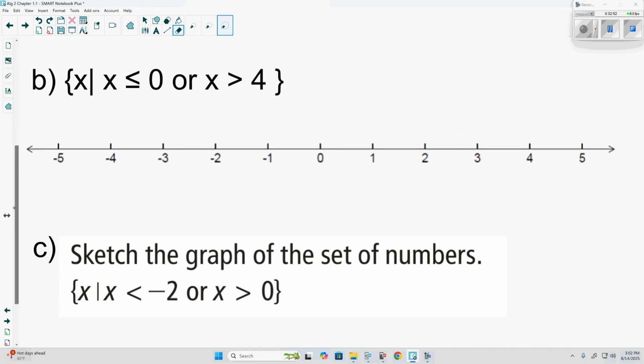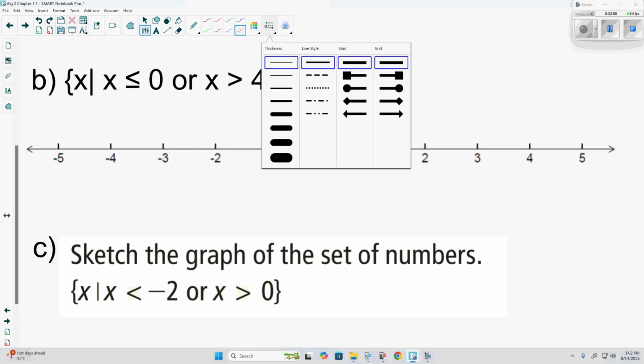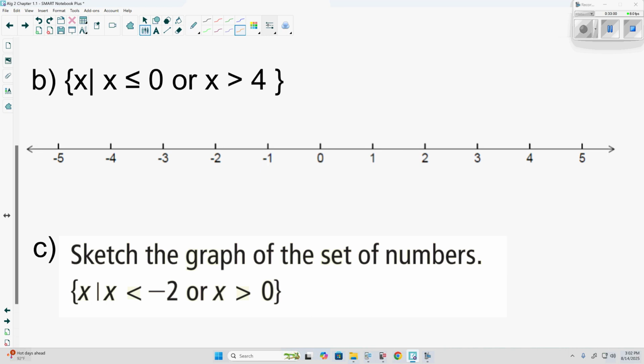Let's look at B. The set of all real numbers x such that x is less than or equal to 0 or x is greater than 4. So we do have 2 points, yes? 0 and 4. Is one, both, or neither one of these filled in?